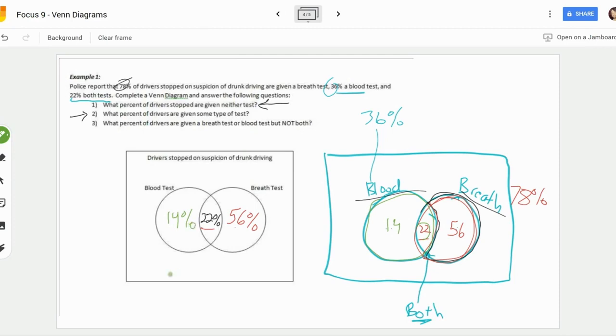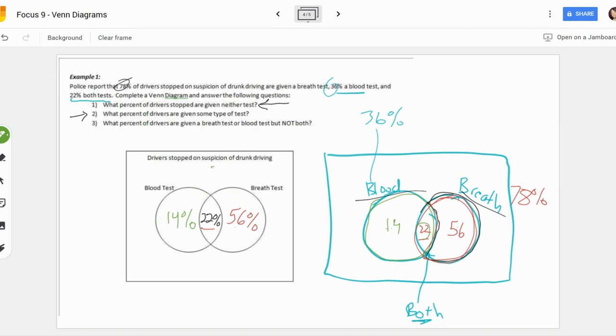And now that we have the people who are given a blood test, a breath test, or both, we can figure out who are not given any test. So pause it if you need to. See what that is. How many people are not given any of these tests? And you should get 92 is how many is given in all of the regions of the circle.